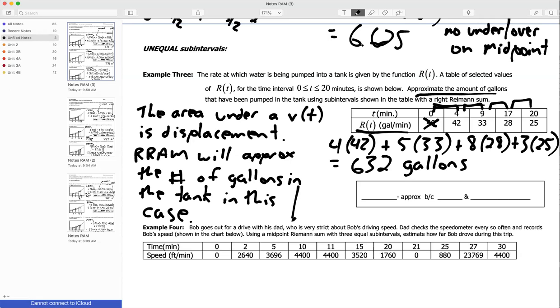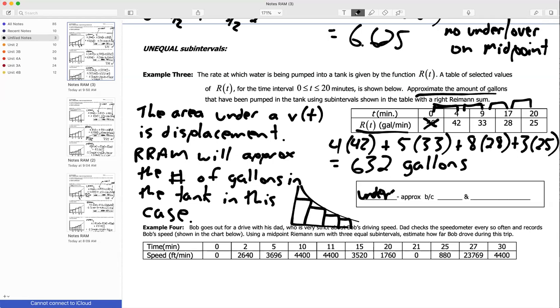So my function, if I were to sketch a really quick graph, it would do that, right? Because it's decreasing. And so now I'm going to draw in a right Riemann sum, which means the right side of the rectangles are on the curve. So it's going to look like that. Therefore, this has to be an under approximation.